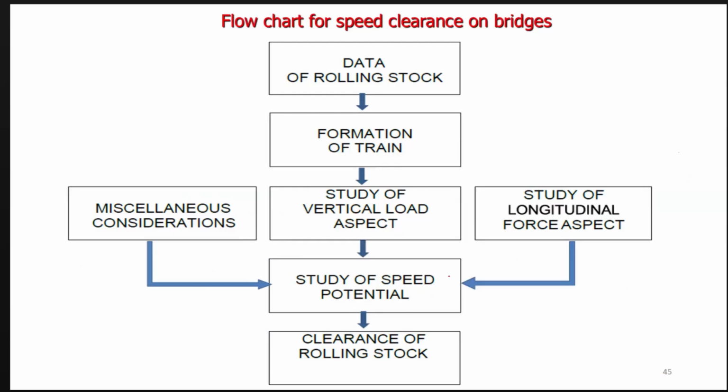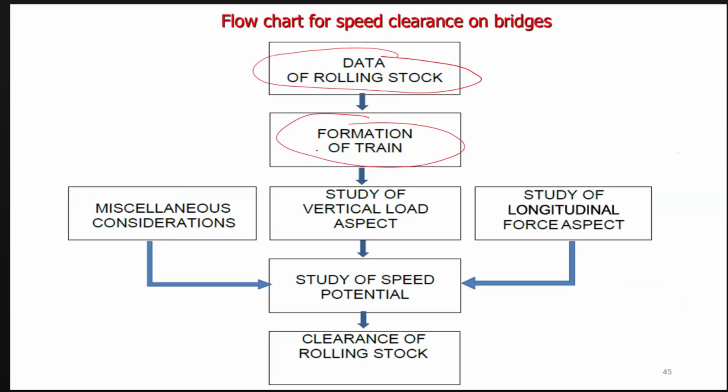This is the flow chart of speed clearance. First, we will collect the data of rolling stock by means of the speed certificate or the diagram of the concerned rolling stock. Then we will form a train with the required formation, whatever formation has to be run with the locomotive and the concerned wagons or coaches.